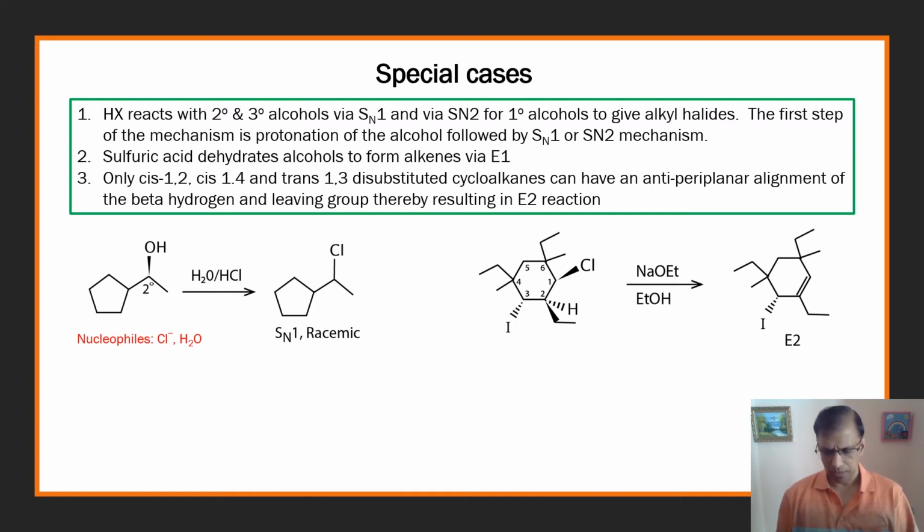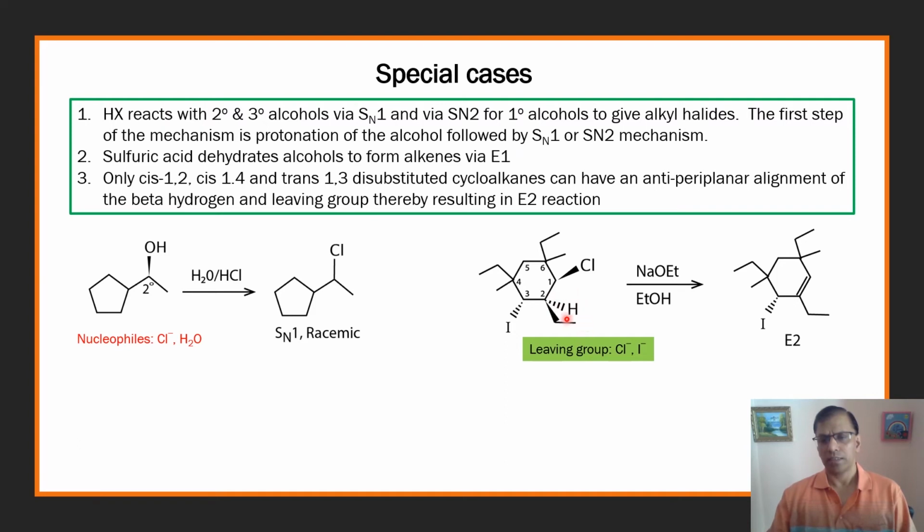In this case, I've made a model to help you understand. So let's look at carbon atoms 1, 2, and 3. These are of interest. And the reason they are of interest is chloride and iodide are the leaving groups.